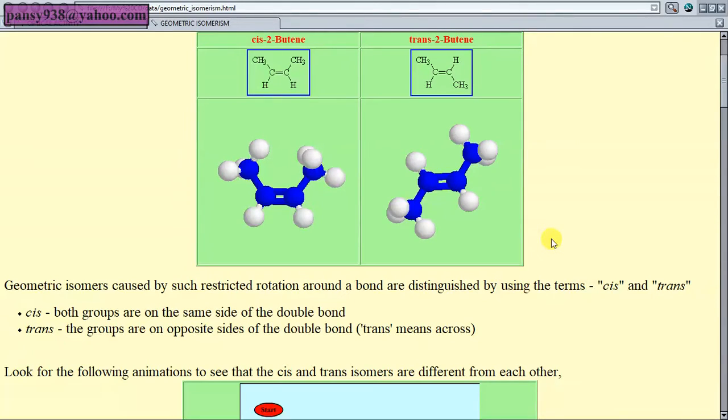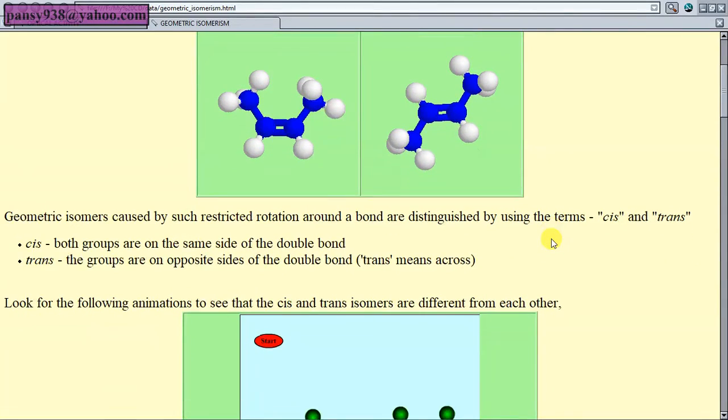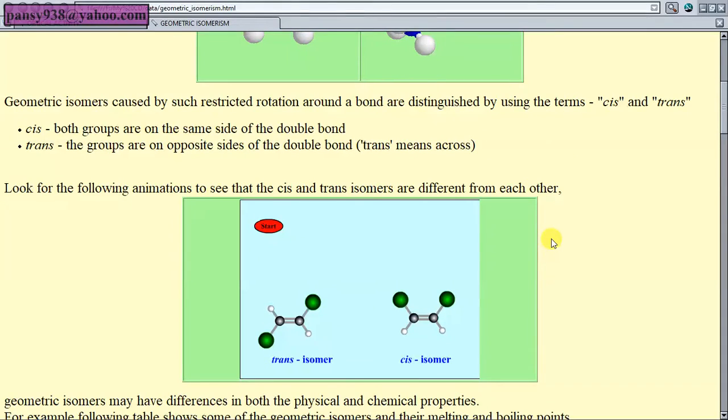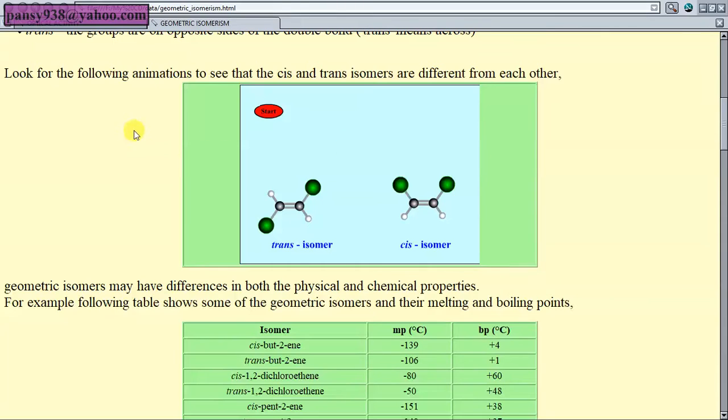But first of all, let's see how these isomers, the cis and trans isomers, are different from each other. For example, this animation shows that the cis and trans isomers are different from each other. This is the cis isomer of 2-butene, and this is the trans isomer of 2-butene.